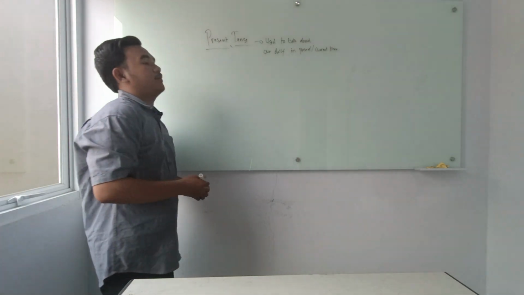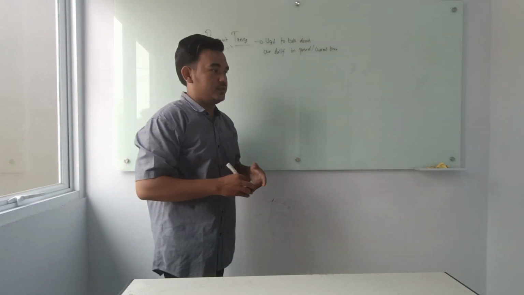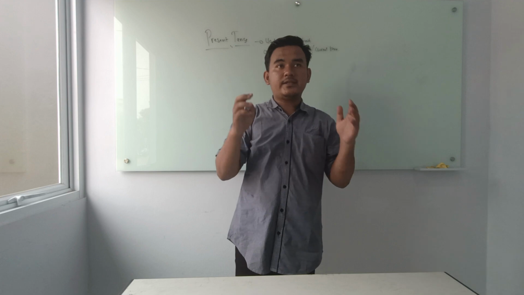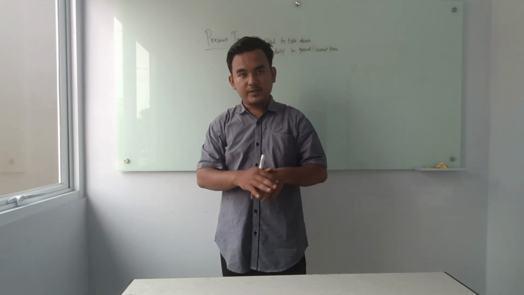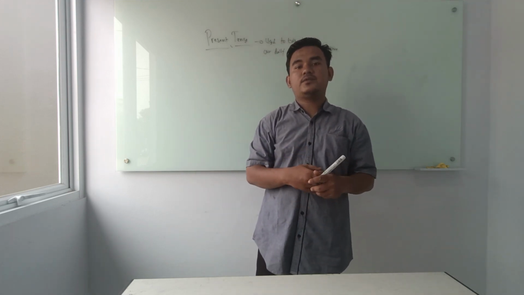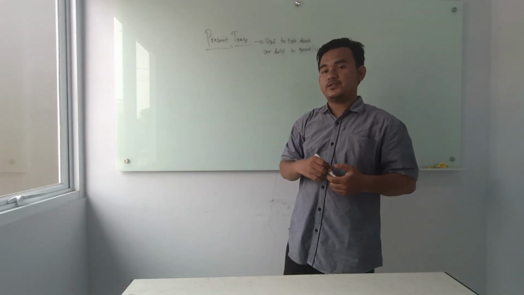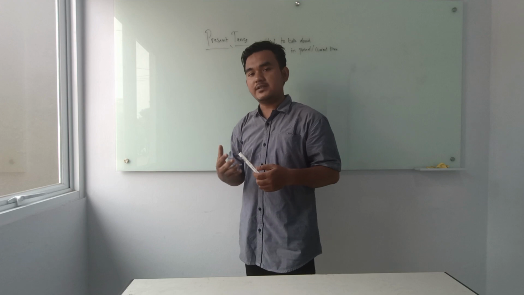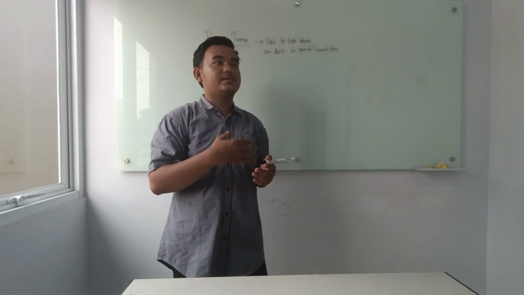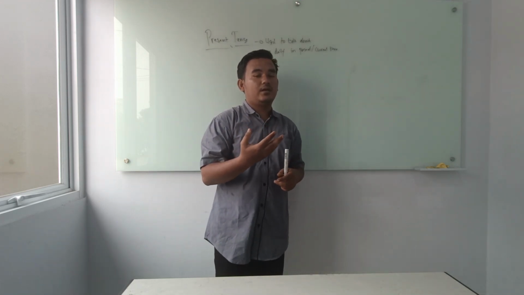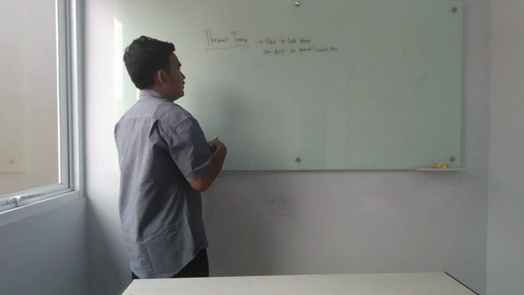Okay, right. In the present tense, we need a sentence, right? We define sentences in two types. First of all is a nominal sentence, and the second is a verbal sentence, right?